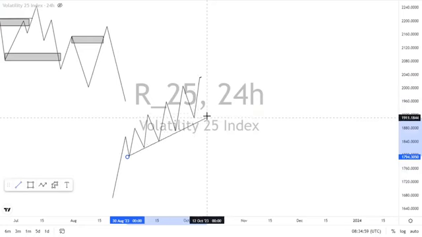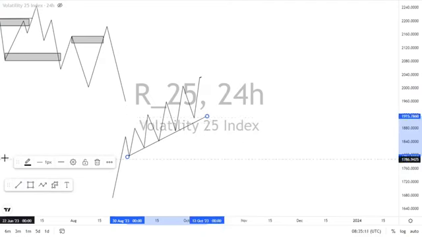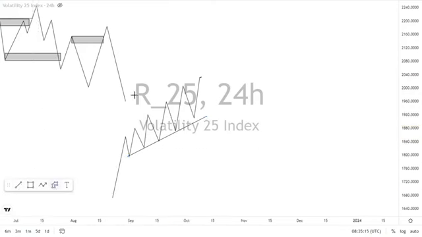All of these are actually range structures. If you have watched my previous videos on structures also, all these are just range structures. And then we use our range structures as liquidity most often. So we have our trend line liquidity here.